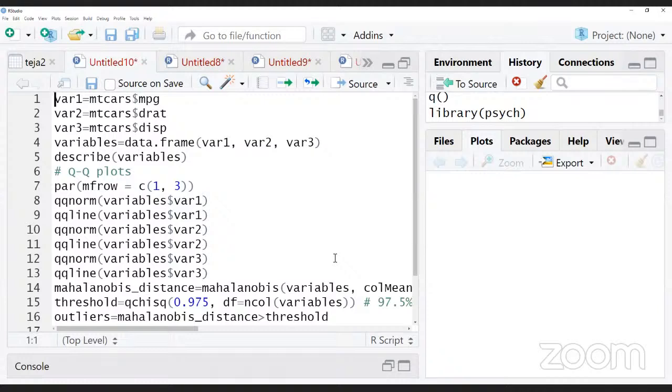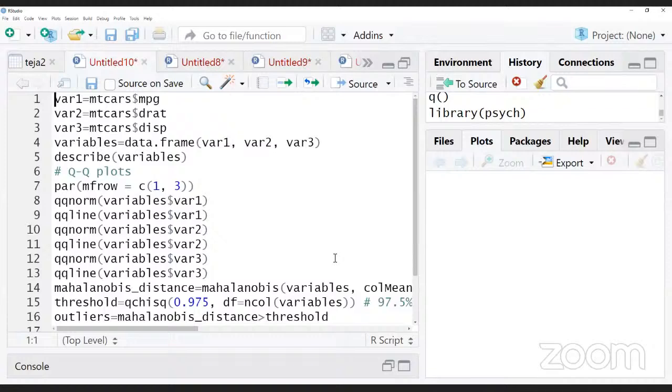Then qqnorm(variables$var1), then qqline(variables$var1). Like that, you are considering var1, var2, var3. So all the variables, they are QQ plotted.